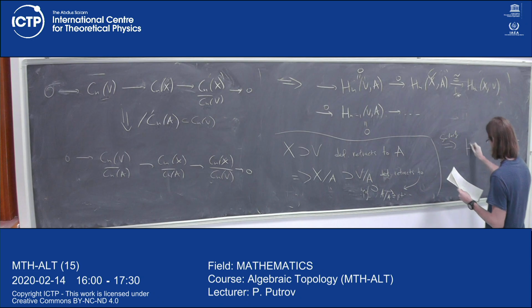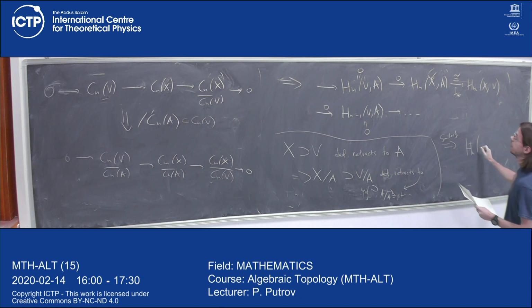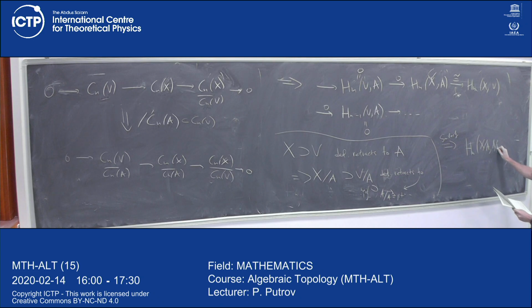We repeat this argument for the quotient, and we learn that we also have this for the quotients. There is a corresponding isomorphism, which we call G star.